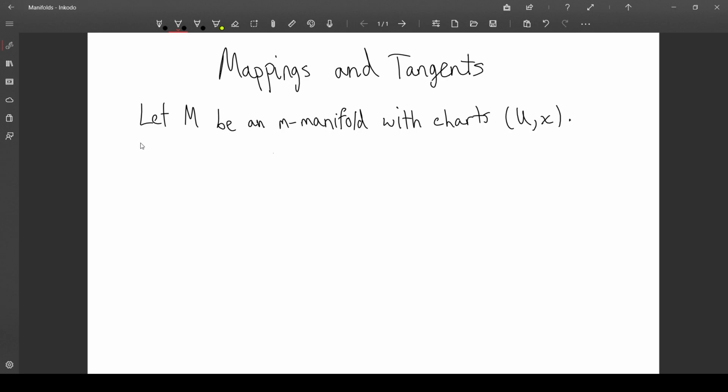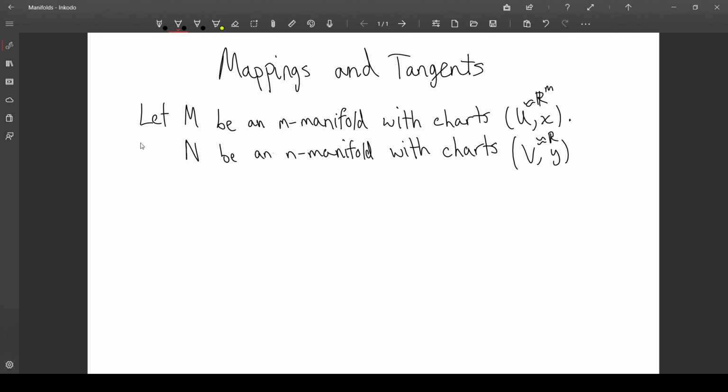A chart consists of an open set U, which is identifiable with R^m, and our coordinates on that chart are going to be denoted by the letter x. And then N is going to be an n-manifold with charts (V, y). And here V is going to be identifiable with R^n.